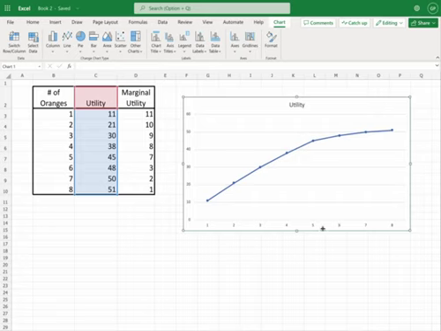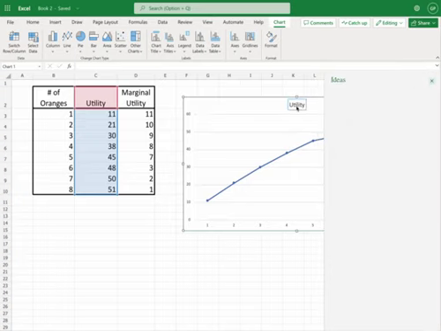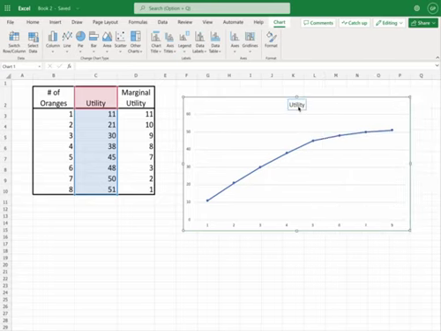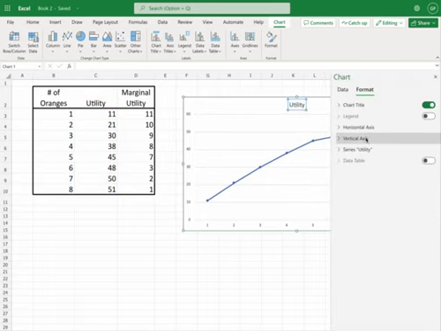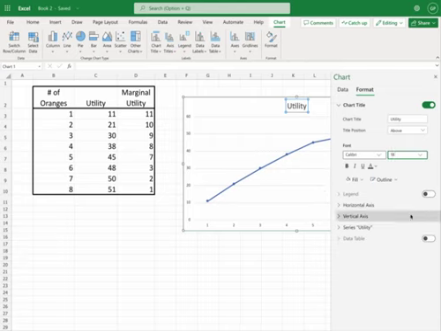Also, one of the things we want to do is increase the size of these fonts. So let's say we want to increase that. Chart title, let's make it 18, make it a little bit bigger. I think I'll make the other ones 18.